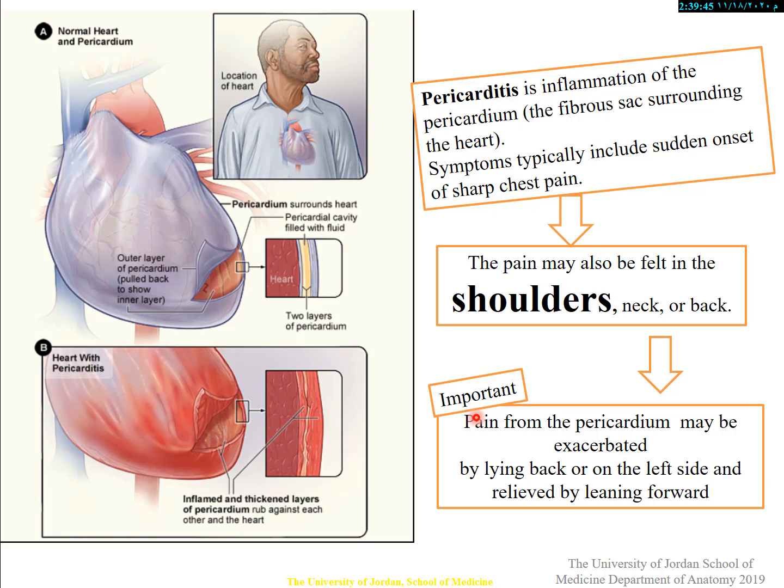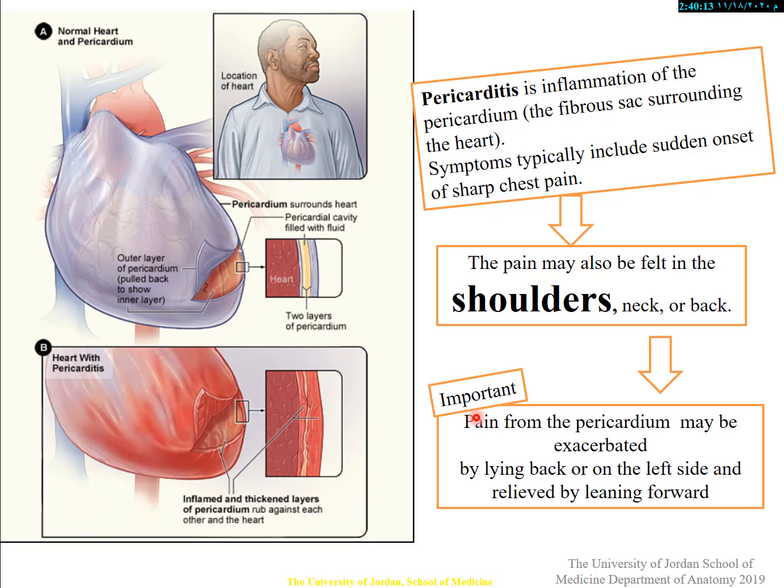You need also to ask about the referred pain phenomena. If the patient comes to you with pain radiating to the shoulder, you have to ask about the shoulder itself. Then you have to consider cholecystitis, or you consider pericarditis for your future diagnosis.